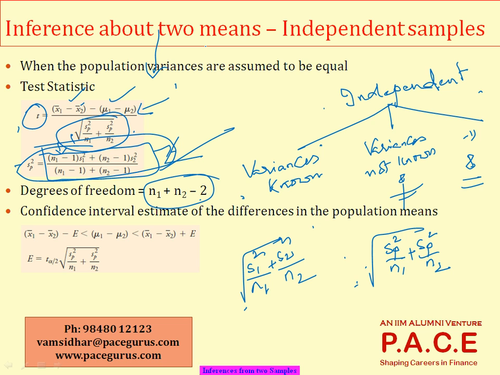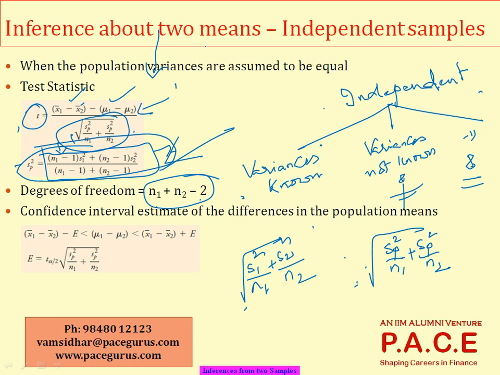So here all you have to know is, yes, I am trying to find the means. I am trying to make the comparison between the means of two populations. But all I need to know is, for this population, is the variance first of all known? If the variance is not known, am I assuming that both of them could be equal, or am I assuming they are not going to be equal?